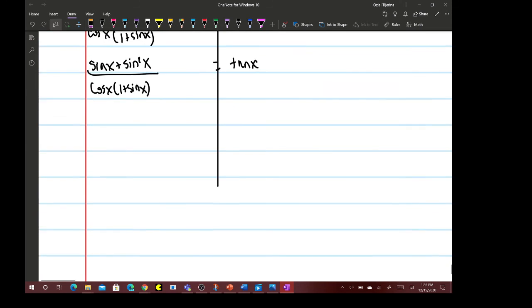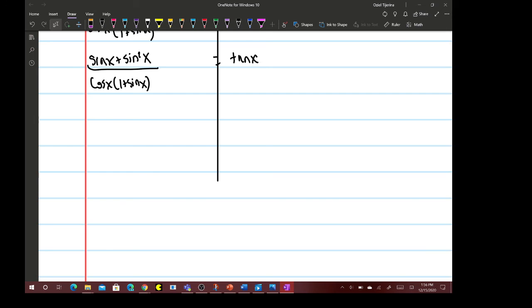And then you would factor a sine x out of the numerator, so then you would have sine x times 1 plus sine x over cosine x times 1 plus sine x. Okay, and then from there you would cancel this out.